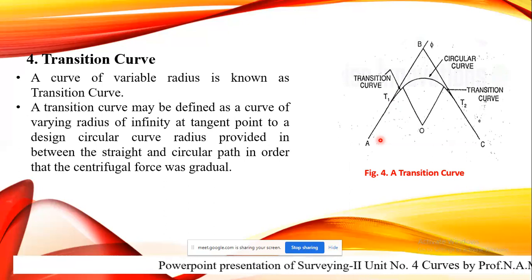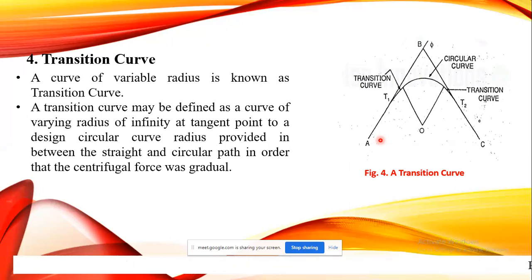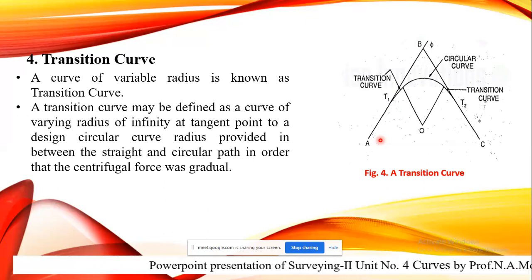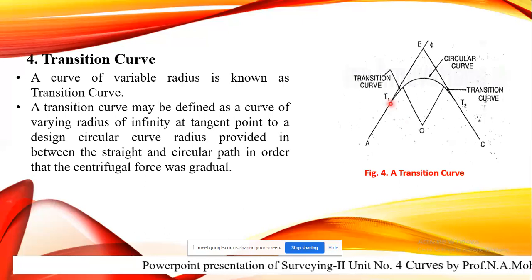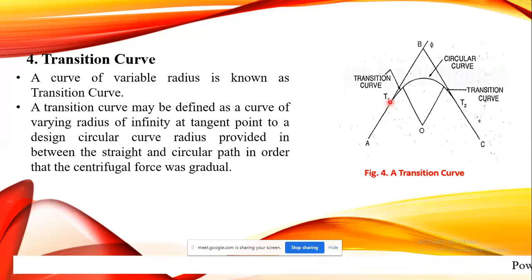It is not like that for a train. It is required to take a long turn. So starting with infinite radius up to a certain radius, that is the radius of the simple circular curve, whenever the railway travels from point A, it comes to the tangent point T1, and it is going to take a turn.